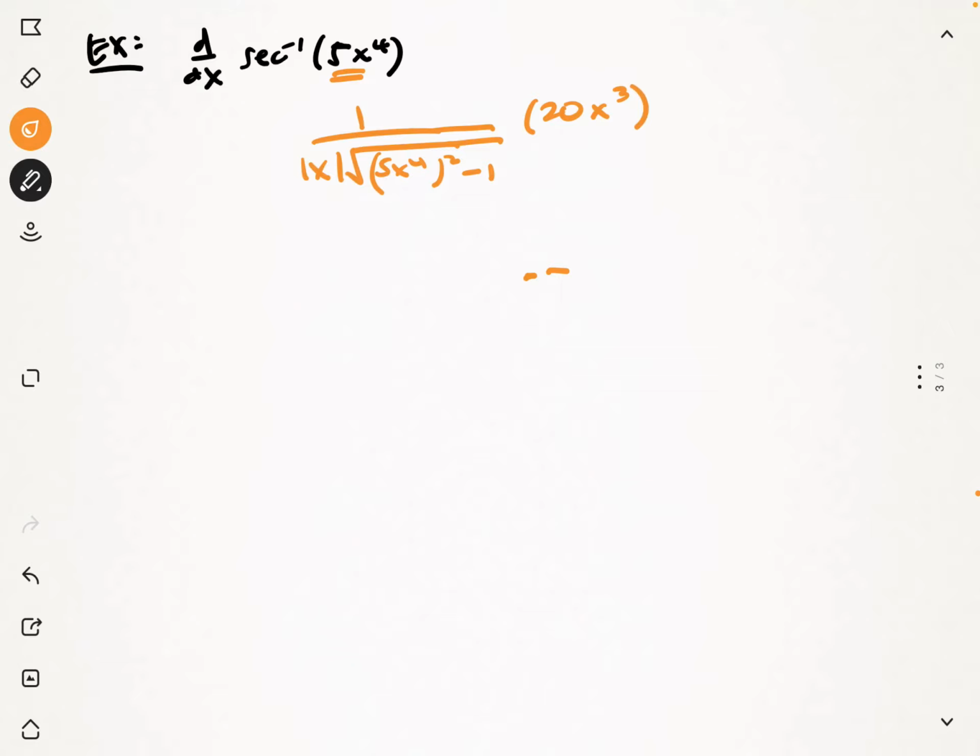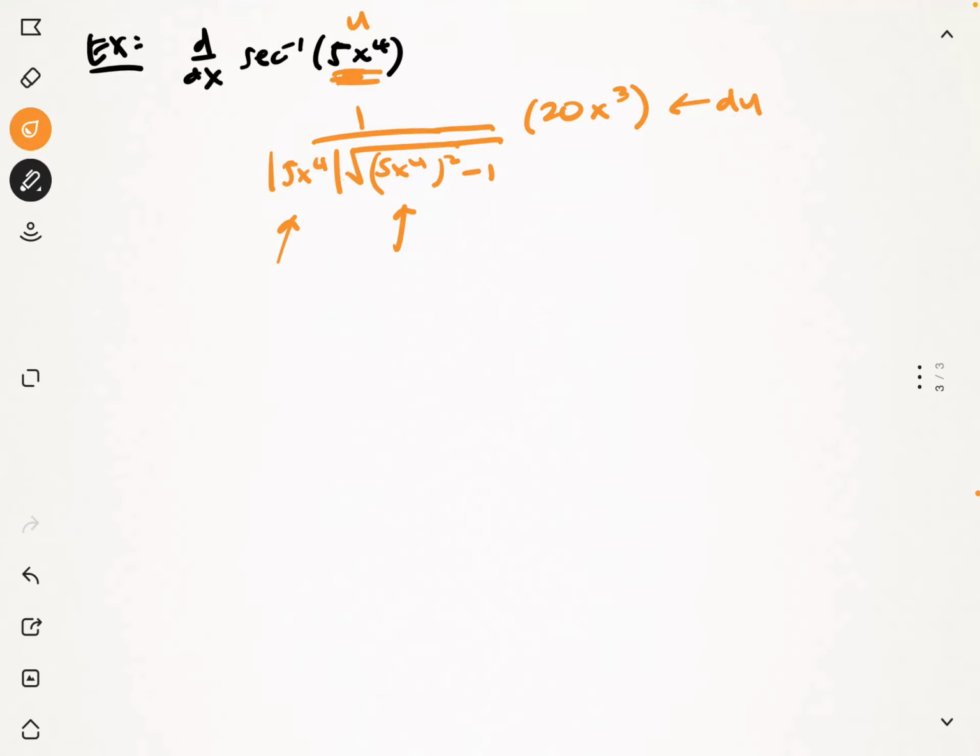Oh, sorry, and then this x here should be 5x to the 4th, because that's our inside. This is where our u goes, so our u goes in here, our u goes in here, the insides go in there, and then the du goes here. Sorry for the confusion.